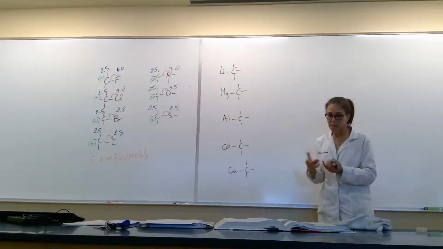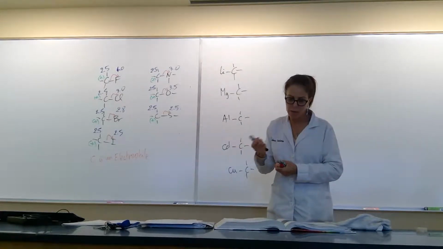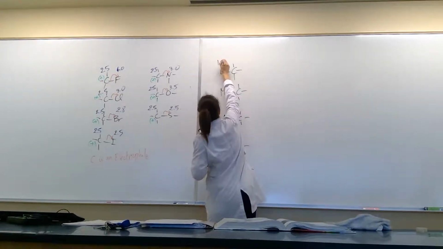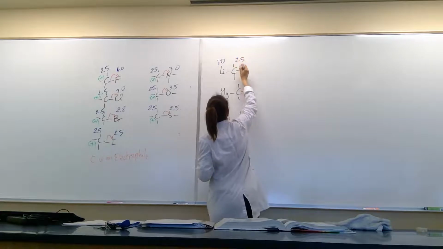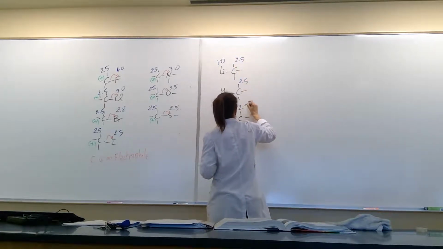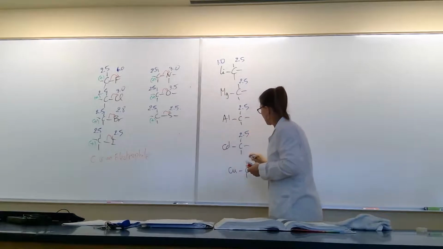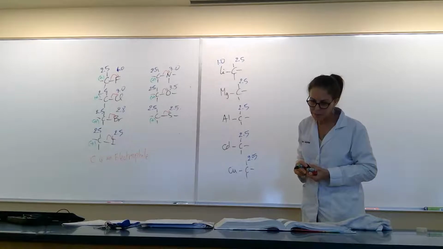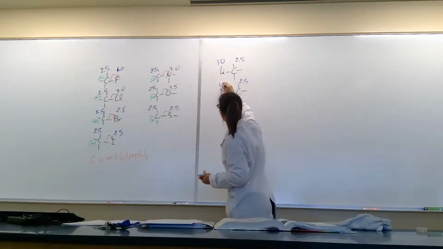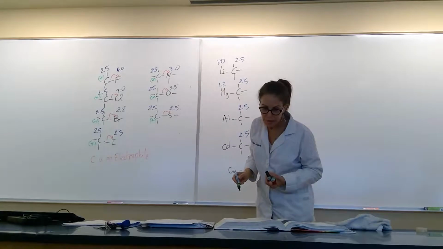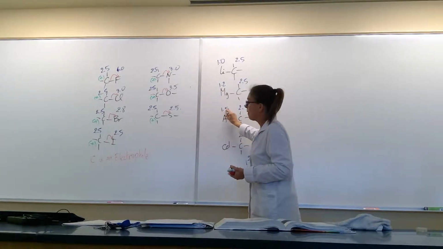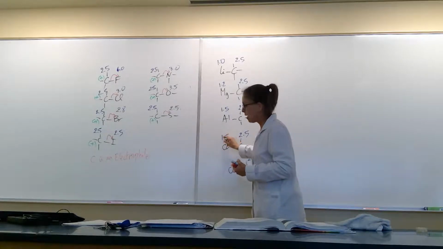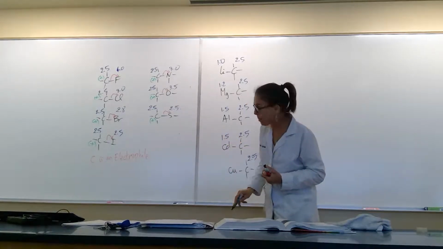In all of these, if I look at the electronegativity difference, just to be consistent, this is 1, and this is 2.5, 2.5, 2.5, 2.5. For magnesium, it's 1.2. For aluminum, we already did this, 1.5. For cadmium, 1.5. And for copper, 1.8.